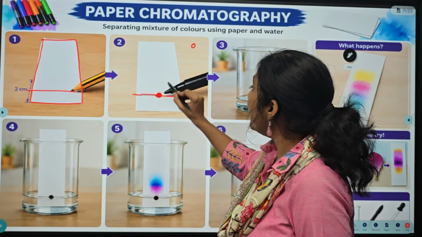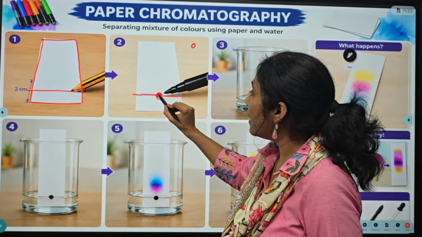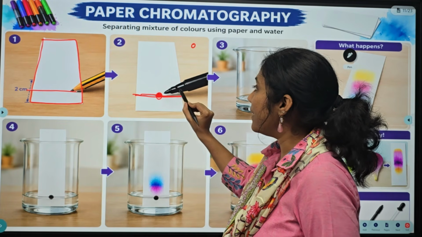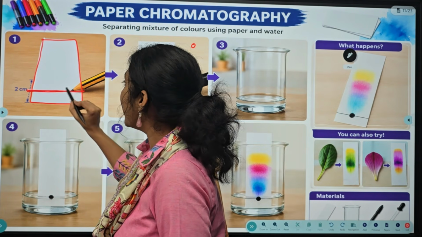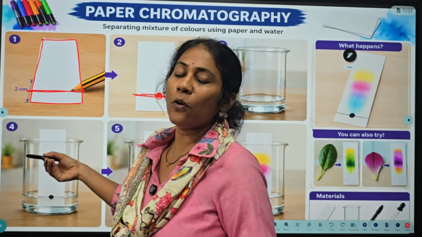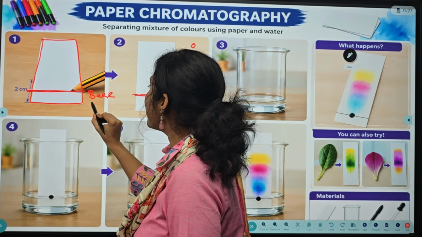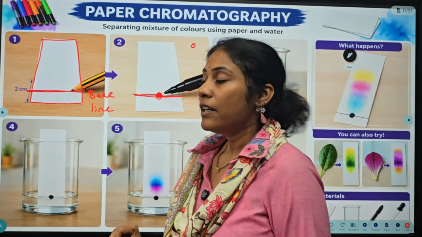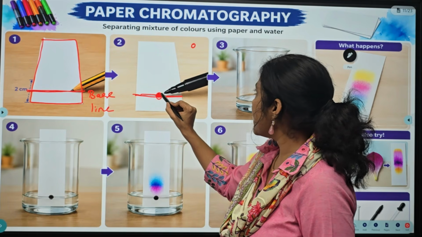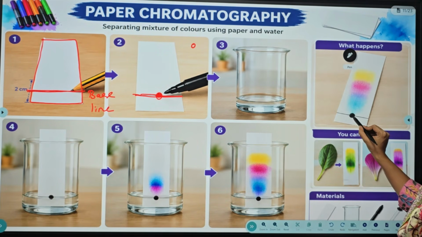And to introduce a sample, we will mark at the center of the baseline. This line that we are drawing just 2 or 3 centimeters above is called the baseline. So at the center of the baseline we introduce a sample.